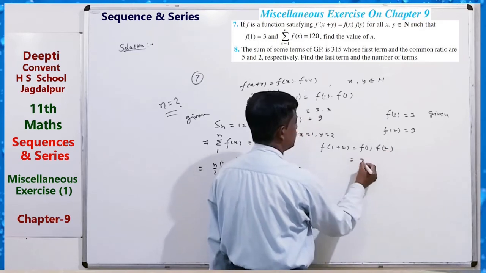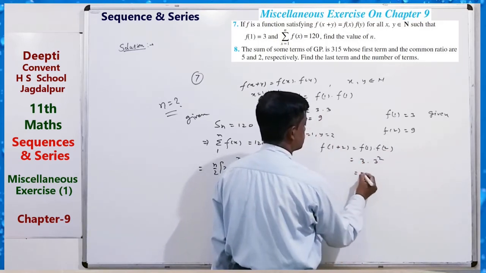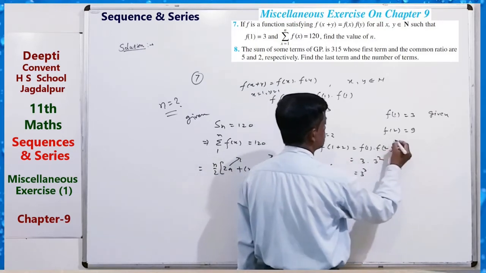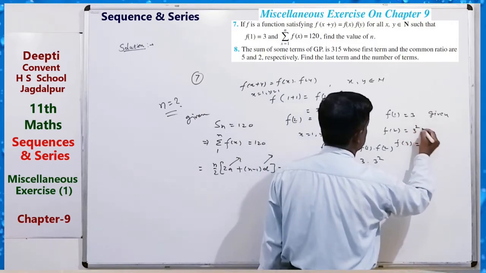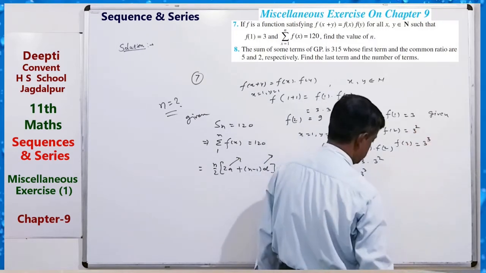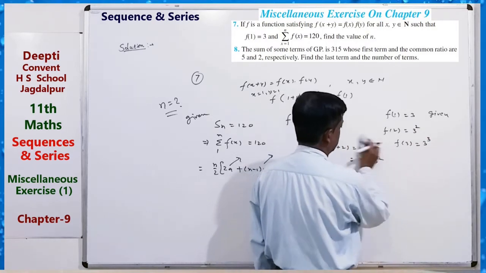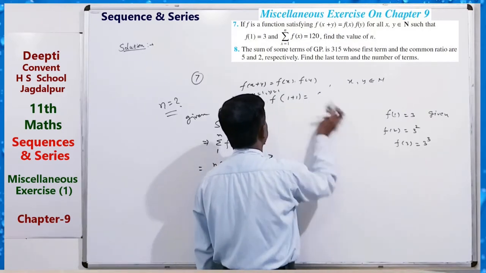So F1 is 3, F2 is 9, 3 square. So 3 cube. So F3 equals 3 cube, and so on. Okay, so we get numbers like this.